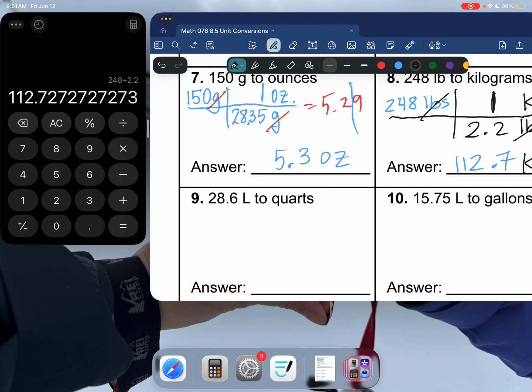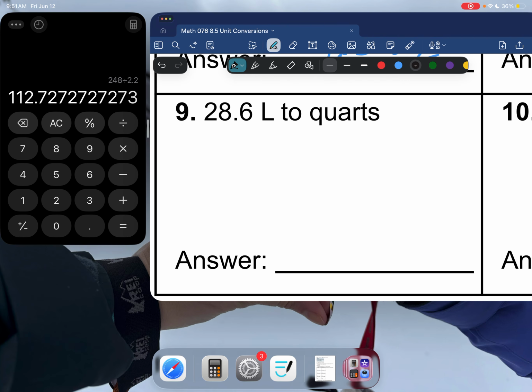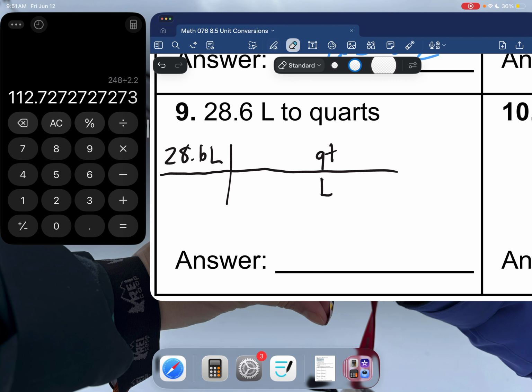Okay, we are going from liters to quarts. 28.6 liters to quarts. I'm going to have liters in my denominator, and I'm going to have quarts in my numerator.